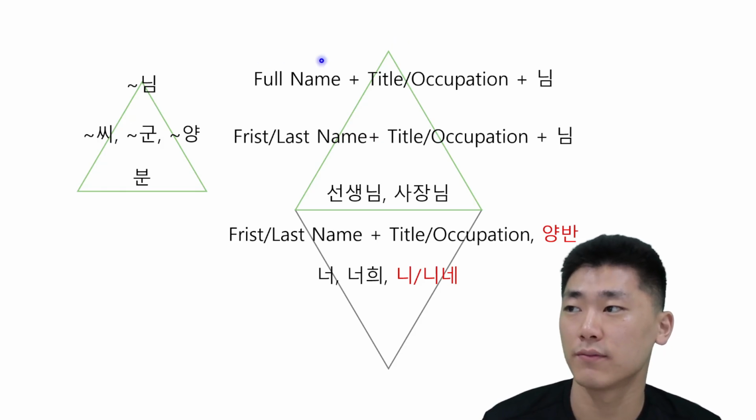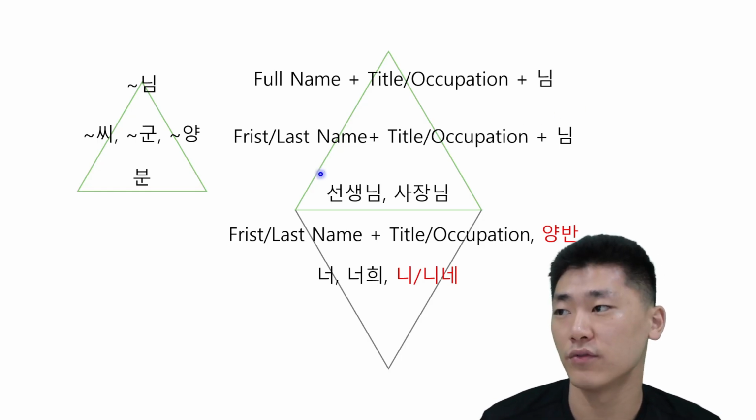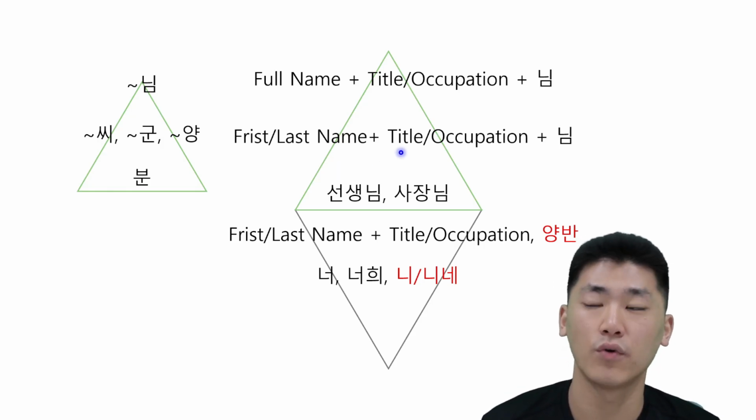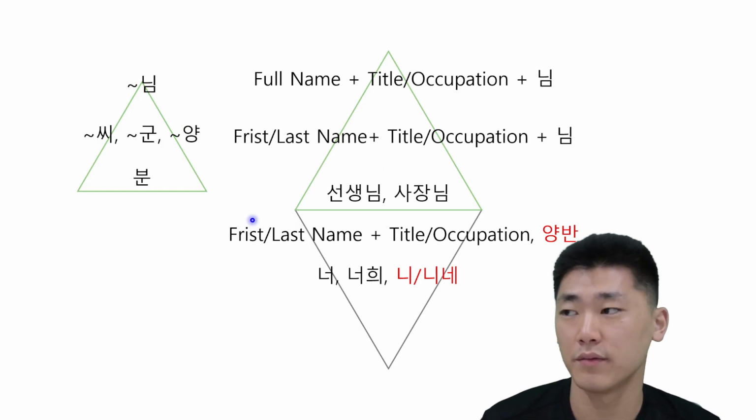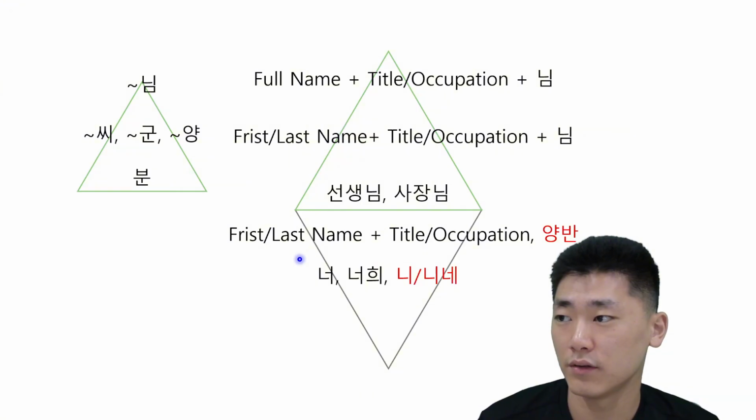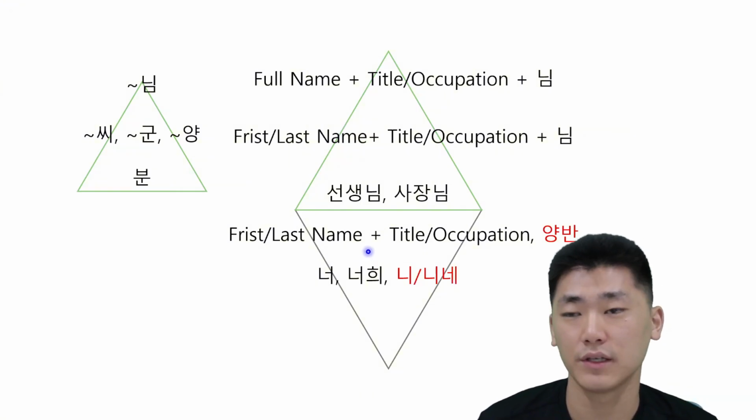At the top, we have full name plus occupation plus 님, and at the middle, we have half of the name plus occupation plus 님, and at the bottom, we have without the name, just occupation and 님, like 선생님 or 사장님. At the lower pyramid, we have half of the name and occupation, and below we have 너 or 너희, which we learned in the first lesson.